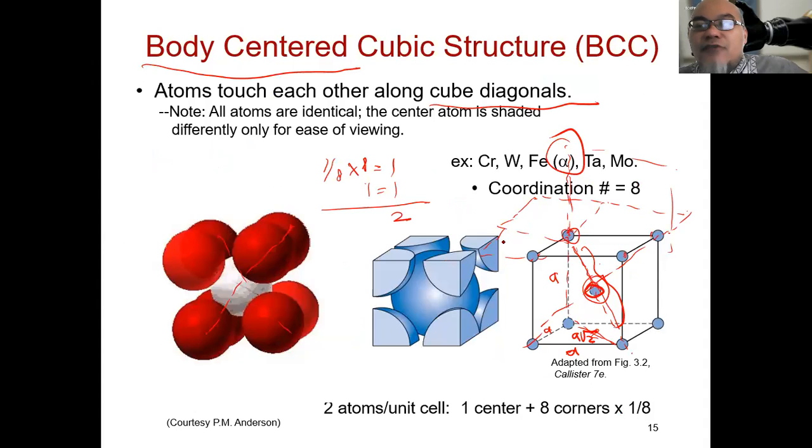For body centered cubic, you have to draw multiple unit cells in order to calculate the coordination number. In body centered cubic, it is easy. You just pick, for example, the atom at the center and see that it is surrounded by how many atoms? 1, 2, 3, 4, 5, 6, 7, 8. 4 on its above layer and another 4 on the layer beneath it.